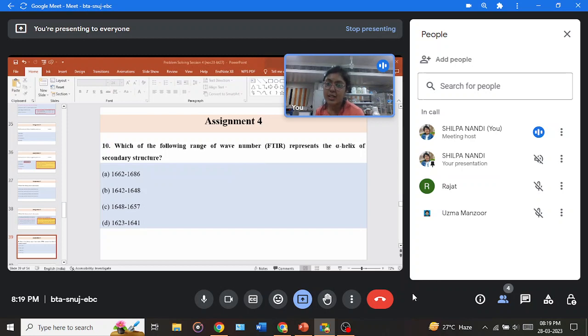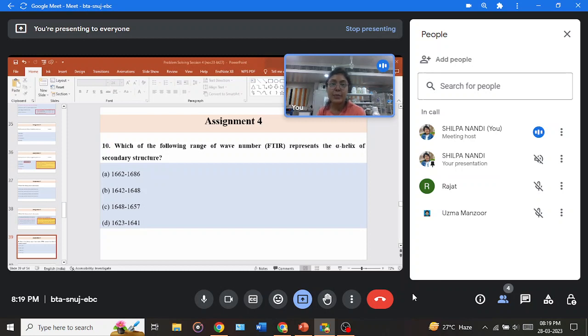So your options here are option A is 1662 to 1686, option B is 1642 to 1648, option C is again 1648 to 1657, and option D is 1623 to 1641.